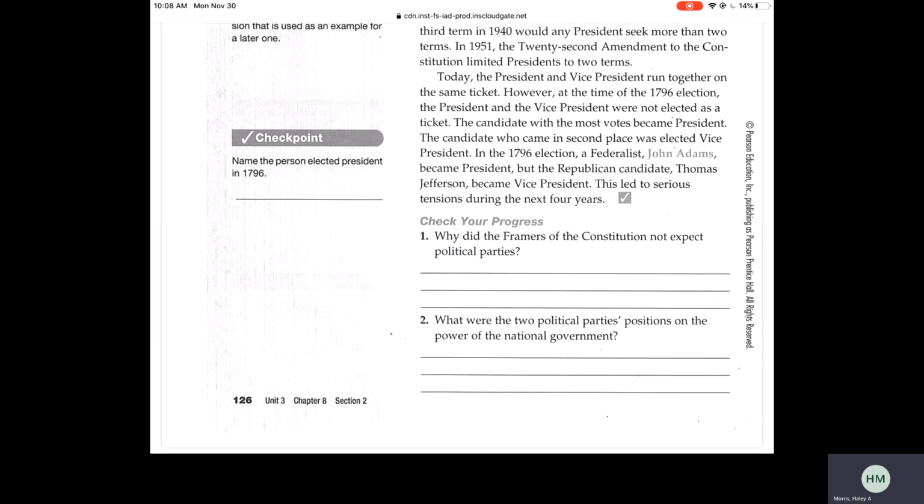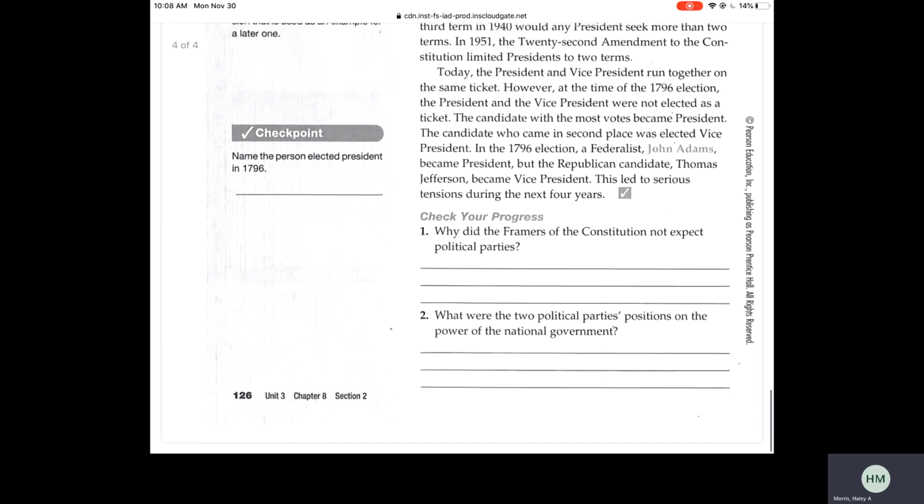In 1796, a Federalist, John Adams, became president, but the Republican candidate, Thomas Jefferson, became vice president. And this led to serious tensions during the next 4 years. So Adams' presidency with Jefferson as his vice president was a very tense time. All right, checkpoint question asks you to name the person elected president in 1796.